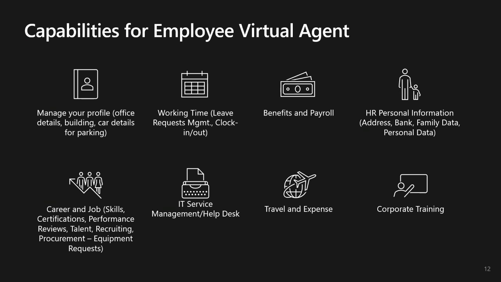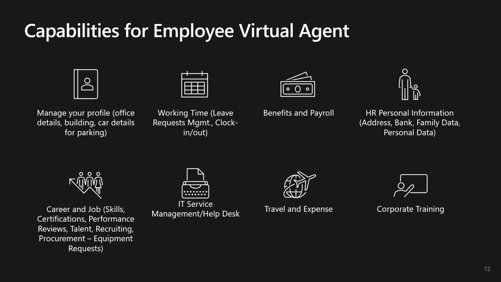So inside of Dynamics F&O and in Dynamics 365 Human Resources, we have an abundance of HR related functionality, to manage your profile, things like your office details, like which building you're in, where you might park, or a car that you might be assigned as a fixed asset, the time that you're working.